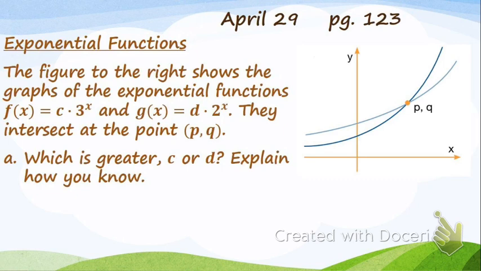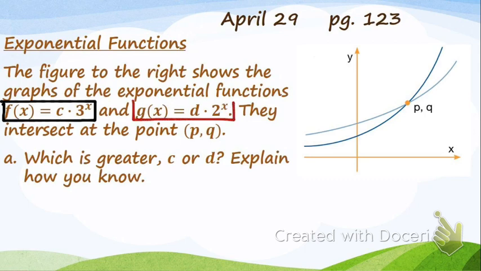I've got 2 different functions that I'm showing here. One of them is the function f. What's the initial amount on the function f? C. What's my rate? 3. So it's tripling each day, week, month, year. What's the other function?